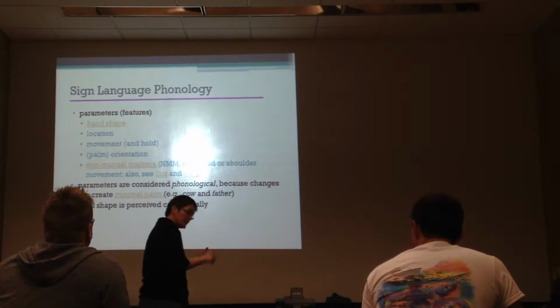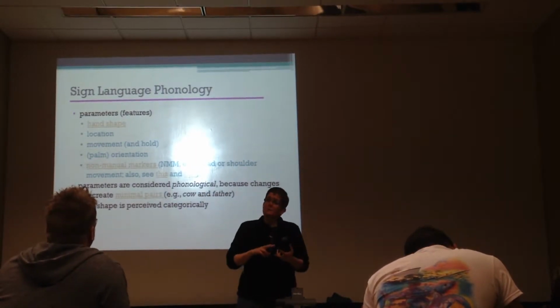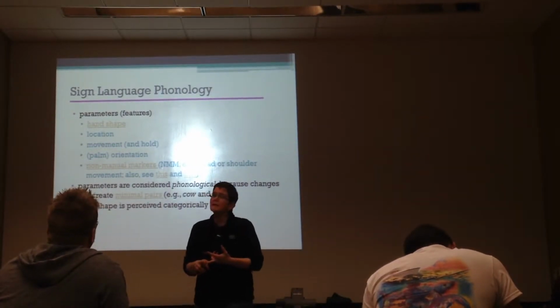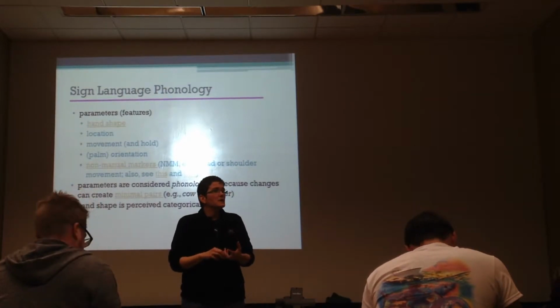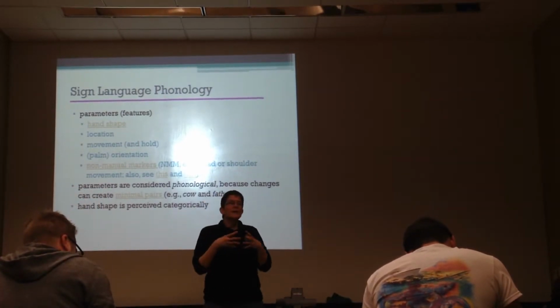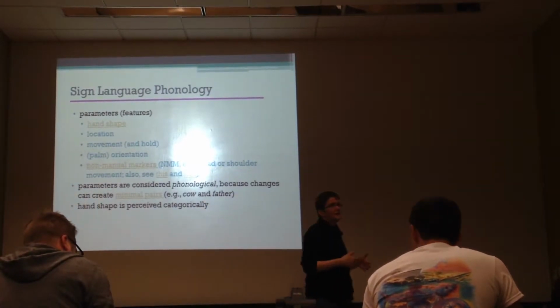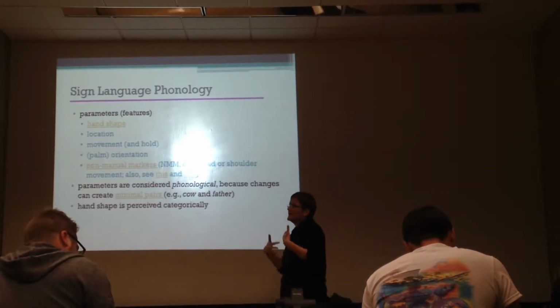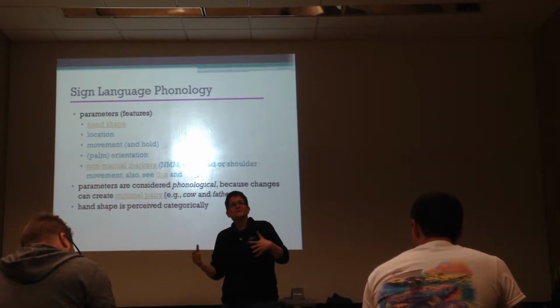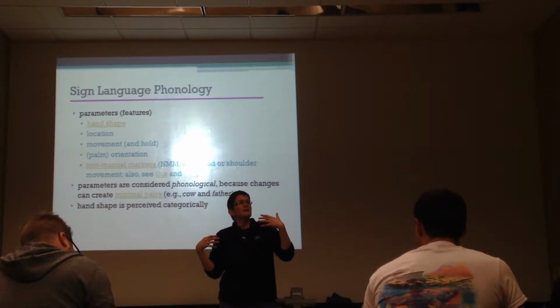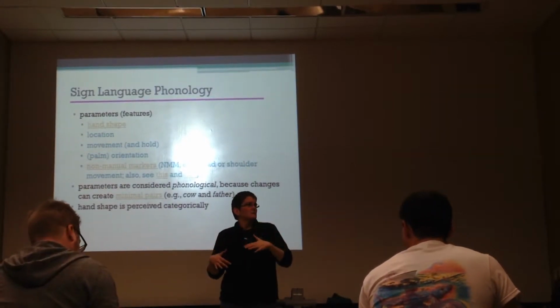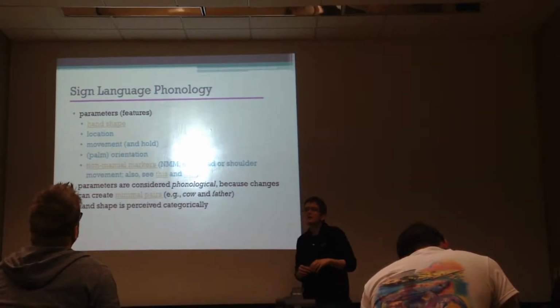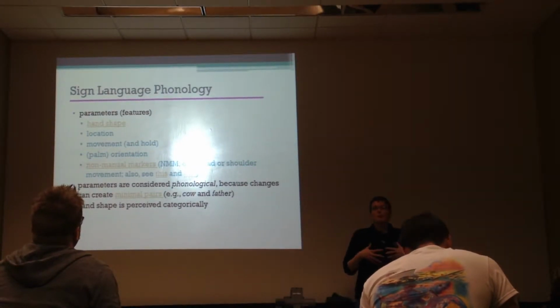And there are places of articulation and manners of articulation in sign language, but they break down into more identifiable categories. So there aren't things like stops and fricatives and things like bilabial and glottal and stuff like that. Instead, we talk about what are called parameters.